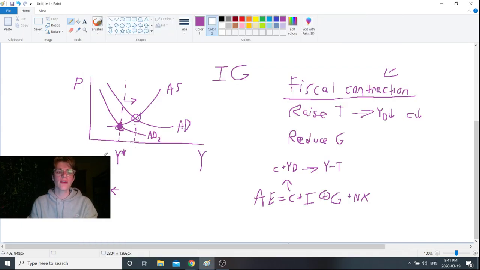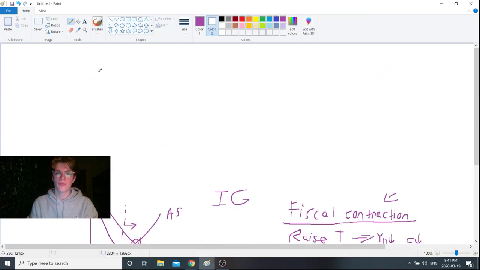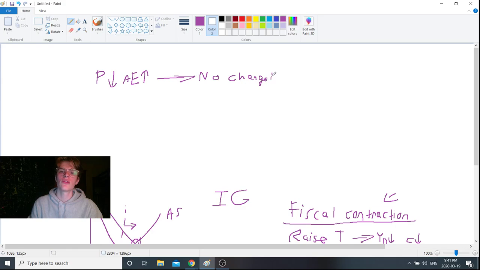Because normally, when prices go down, we see AE go up, right? If our stuff costs less, we're going to buy more, and vice versa. So price level didn't change in this case, because we see no change in AD. So there was no change in AD. That's a terrible A. Perfect.